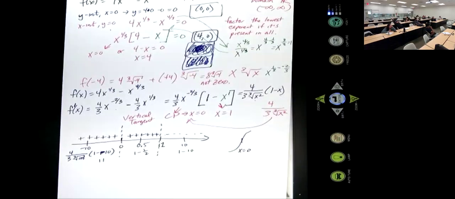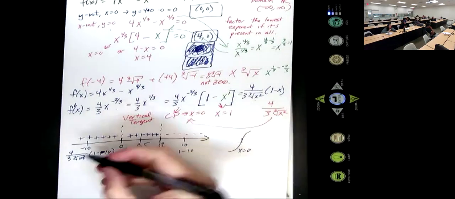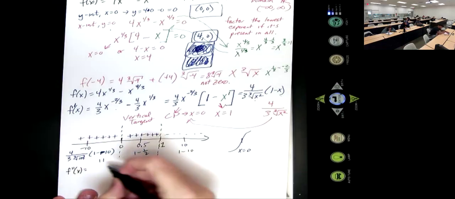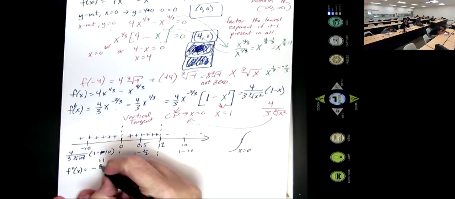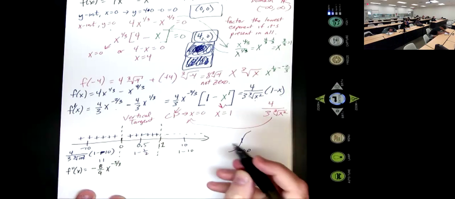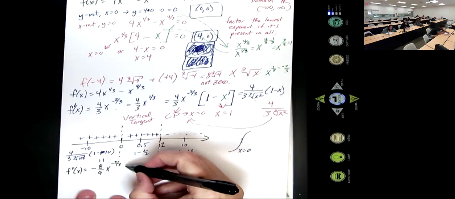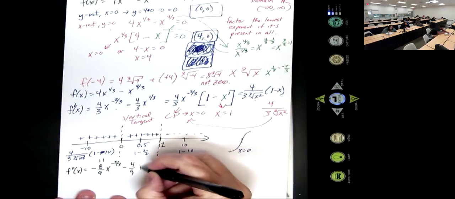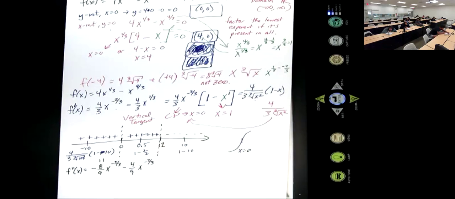Alright, second derivative. I'm gonna have -8/9 x to the -5/3 minus 4/9 x to the -2/3.